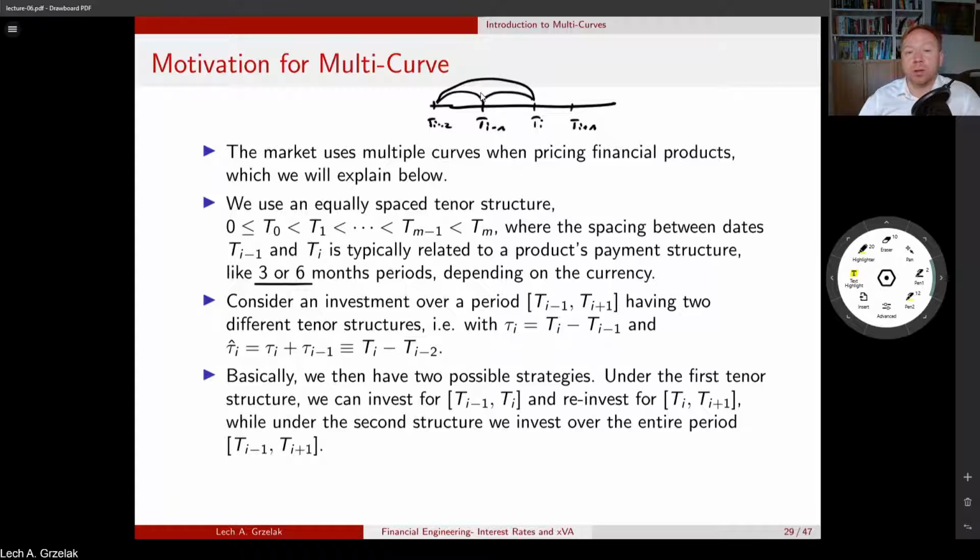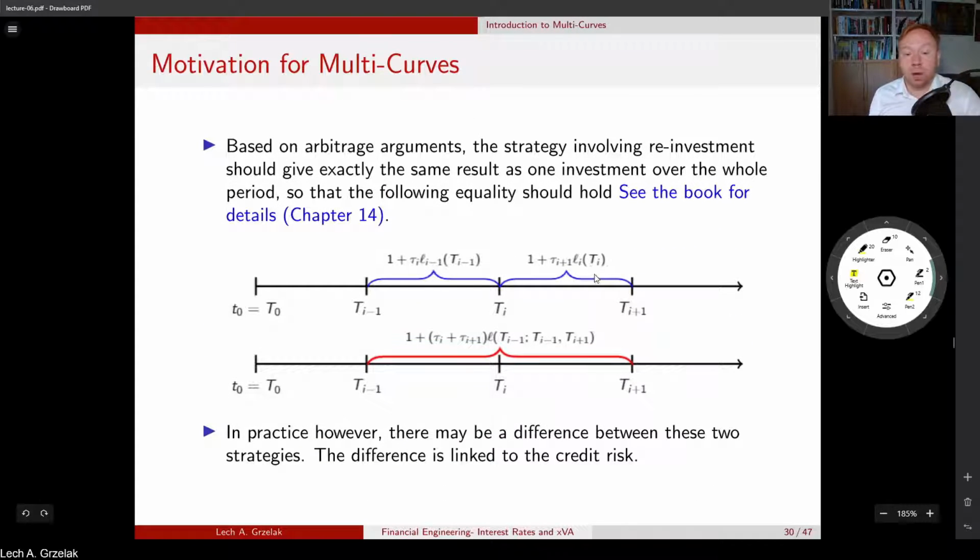If you put your money in and then you reinvest after a certain period of time, it should be equivalent to having invested for a longer period of time. Of course, now we exclude the element of a curve and different types of yield curves, but basically the idea is that the frequency of refinancing is faster or slower. This is how we can illustrate it.